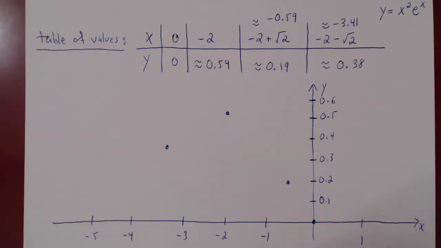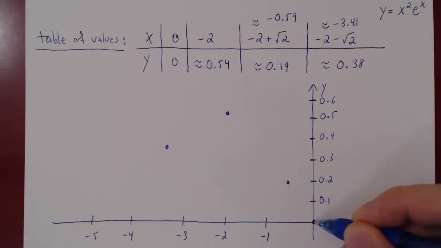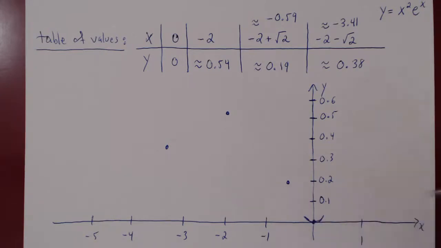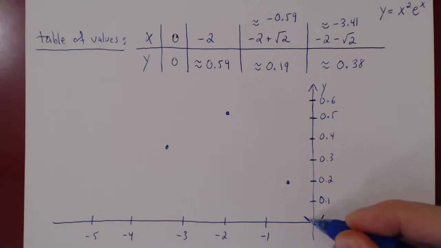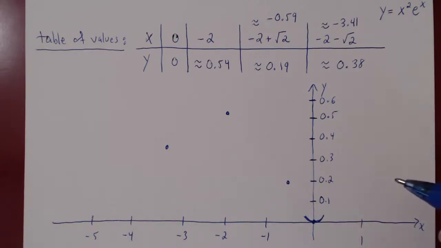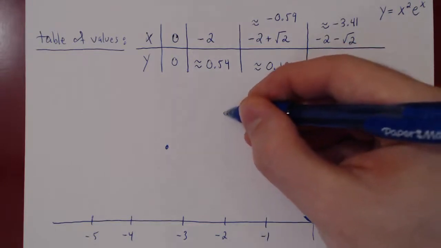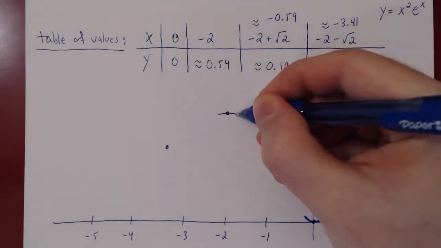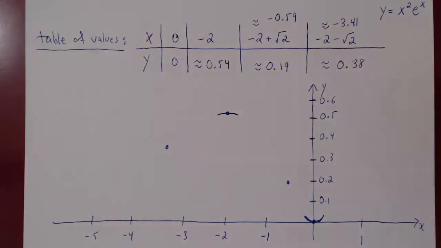So x equals 0, local minimum. And then x equals -2, local maximum. And those were the only two critical points.